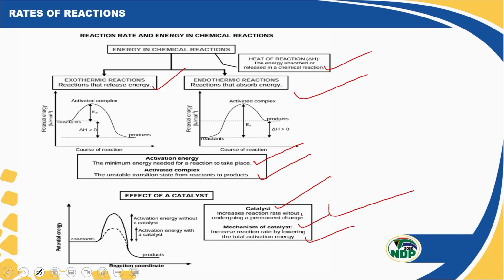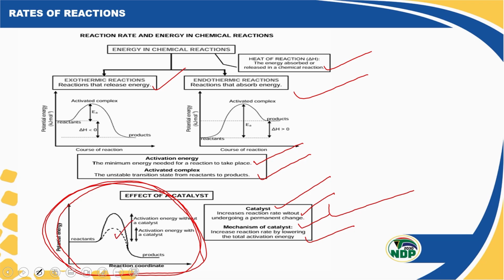But when you talk about a catalyst as a substance, you talk about it as a substance that increases the rate of reaction without itself undergoing the reaction. And this is the graph you are familiar with from grade 11, where the dotted line is when the catalyst has been added, and you can see that at that particular point the activation energy has lowered in comparison with the activation energy when no catalyst was added.